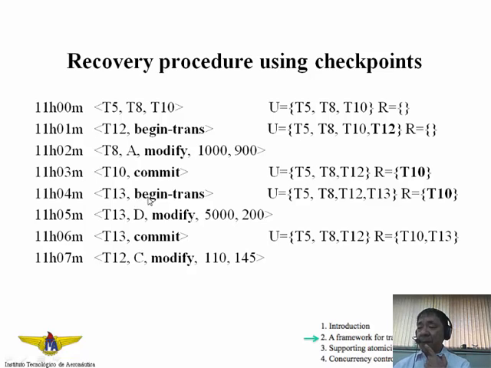Then you have the beginning of a new transaction, transaction 13, which is inserted. Transaction 13 completes at 11:06, so you have to move transaction 13 to the redo set. So at the end, you have to undo all the operations related to the transactions T5, T8 and T12.